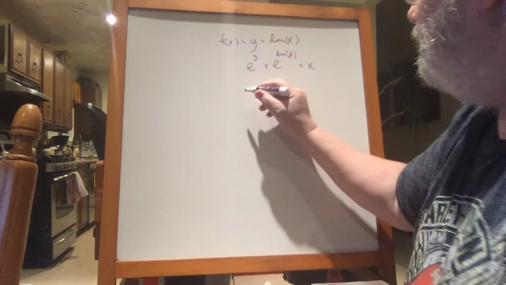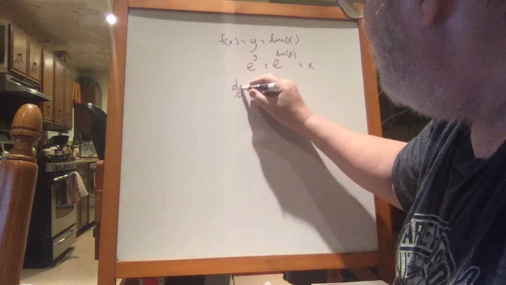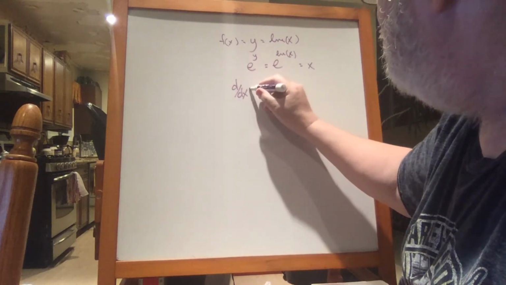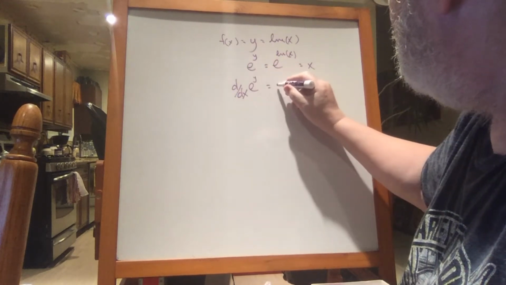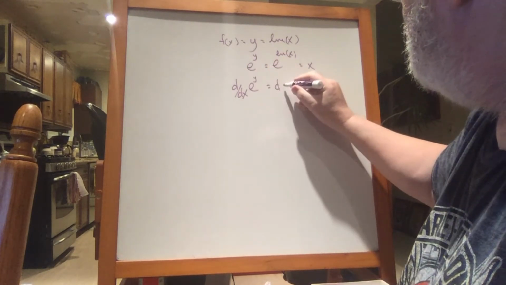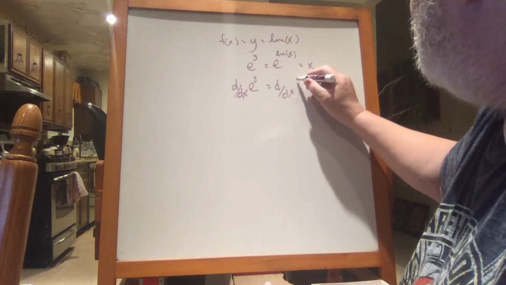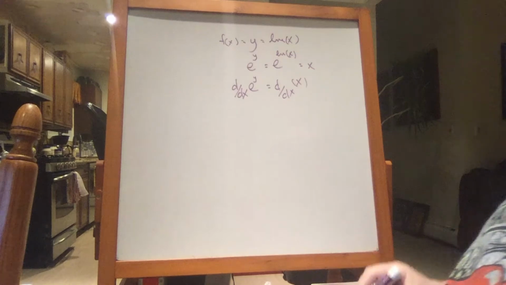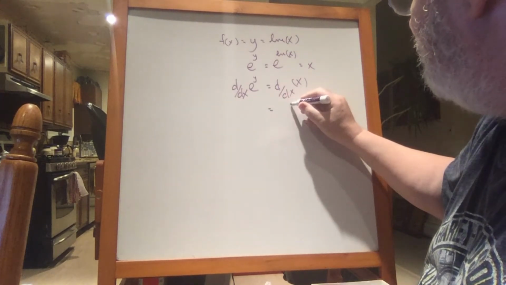So now we take the derivative, we go d dx as an operator of e to the y equals d dx of x. And that happens to be 1.